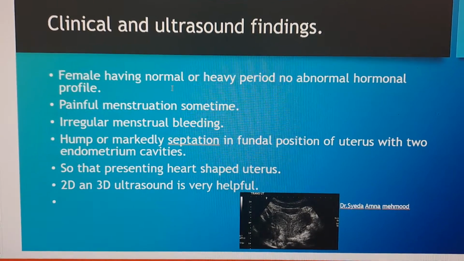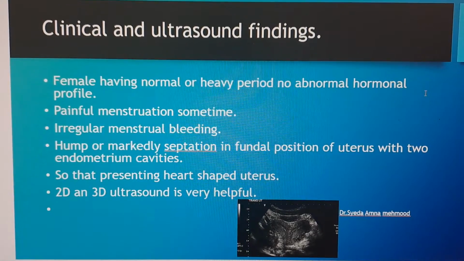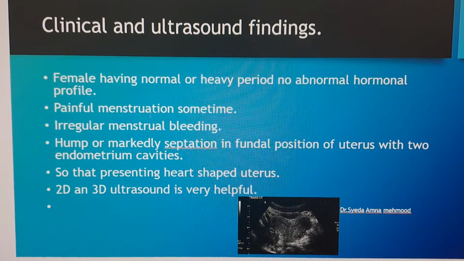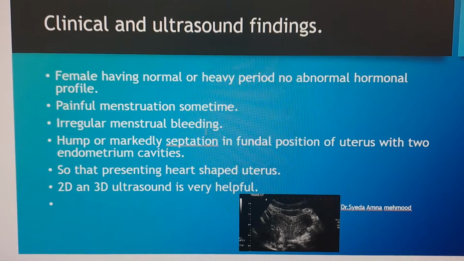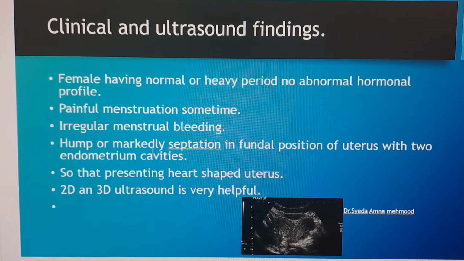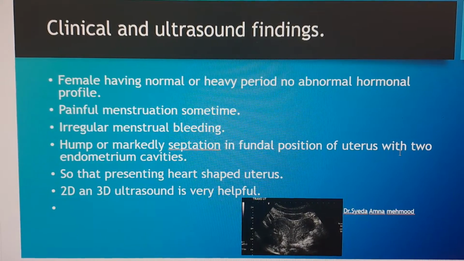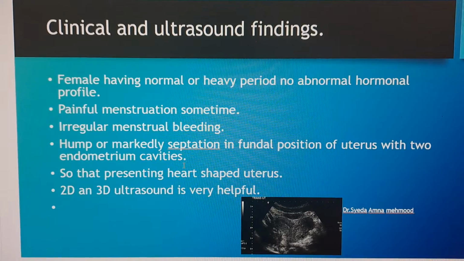The female has normal or heavy periods, no abnormal hormonal profile, sometimes painful menstruation, and irregular bleeding. The bicornuate uterus is defined as a hump or marked septation in the fundal position of the uterus with two endometrial cavities.